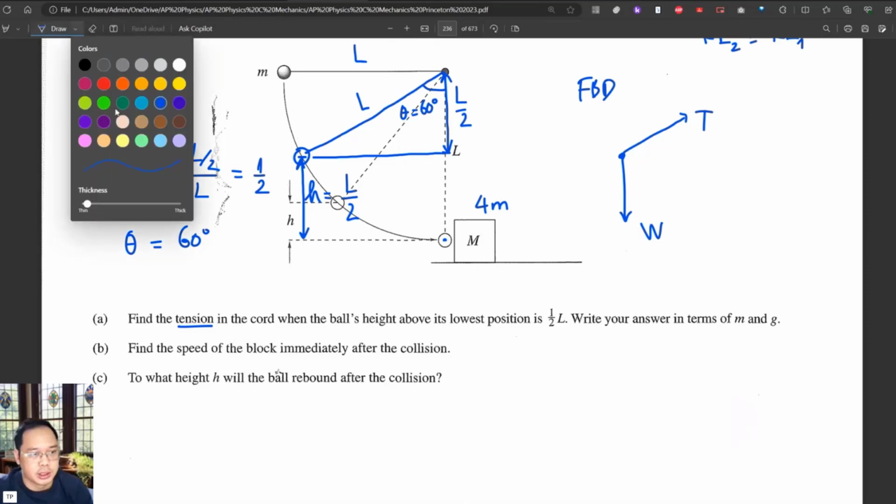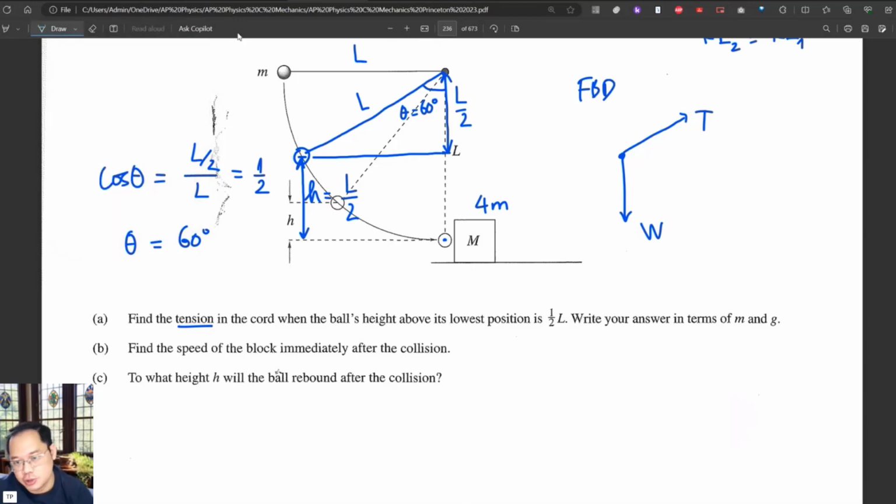For the gravity, the weight here equals mg. We can resolve it into two components: one component like this, and the other component which is tangent to the path. Let's call this W1.